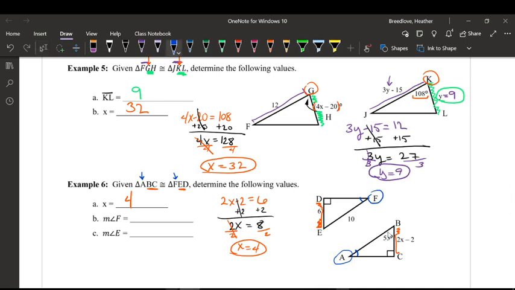So I could solve for A by saying 180 minus 90 gives me 90, minus 53 gives me 37. So A has to be 37 degrees. And if A and F are the same, then F is also 37 degrees.